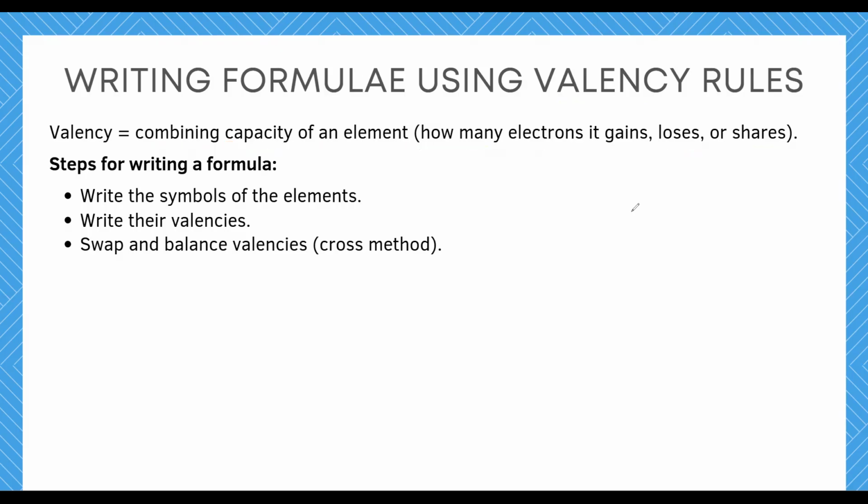Yeah. Okay, good. Go ahead. Valency is the combining capacity of an element, that is, how many electrons it gains, loses, or shares. And I'm going to be showing you how we can calculate the valency of an element.